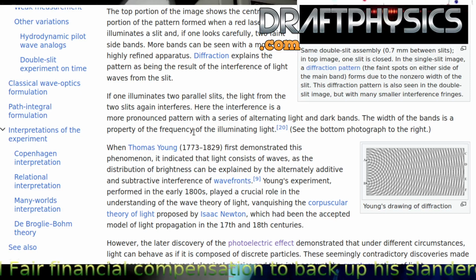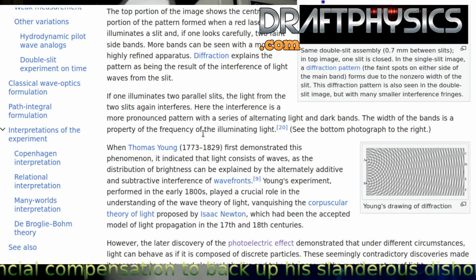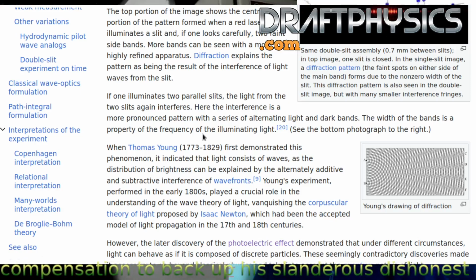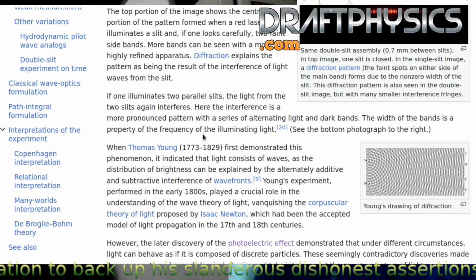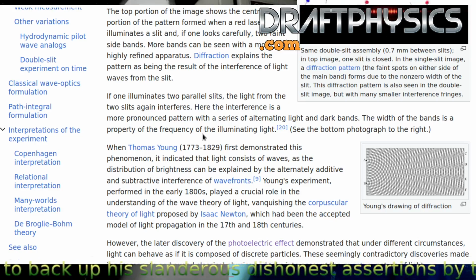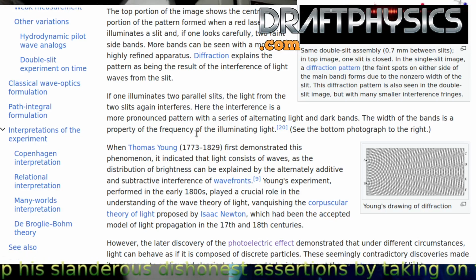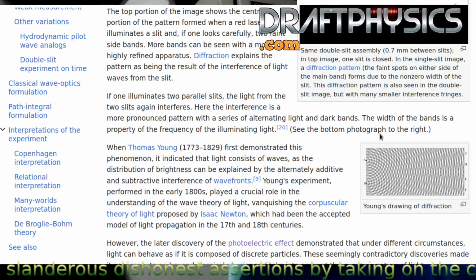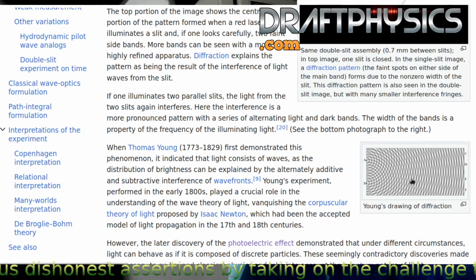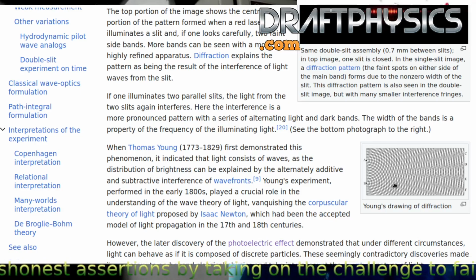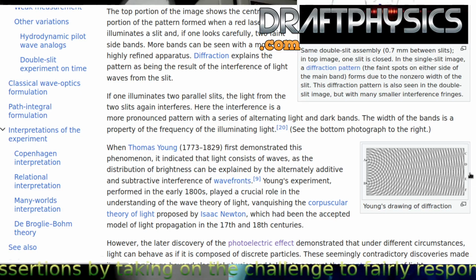They think distance controls energy when it's time that controls energy, and it's clearly, in this case, distance that's controlling the size of the bands, and the frequency is a minor contributor. Frequency of illuminating light. See the bottom photograph to the right. So they're saying that this terrible drawing of Young's is somehow a real illustration of what photons do.